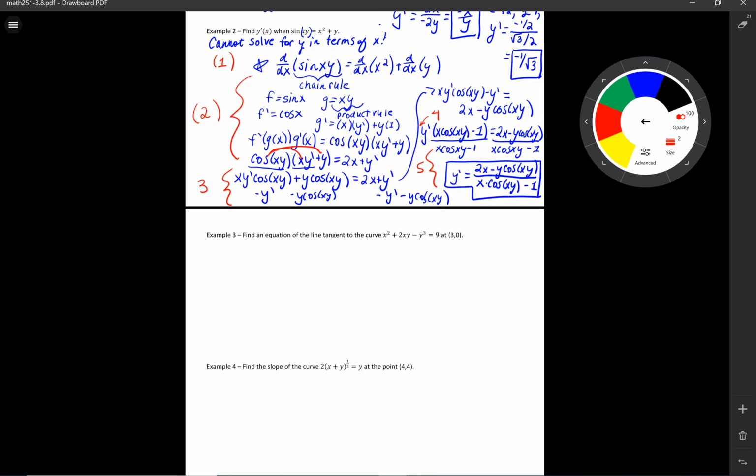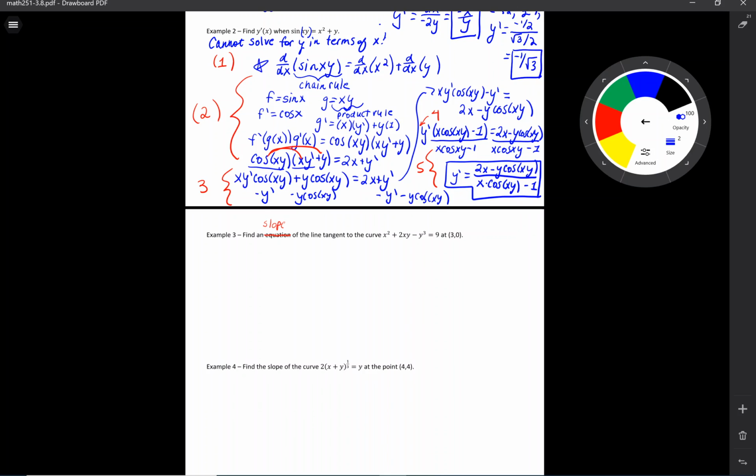All right. So actually this question, sorry, there's a typo here. This should just say find the slope of the tangent line. Sorry about that. All right, so again, we cannot solve this equation for y in terms of x, so I have to use implicit differentiation.